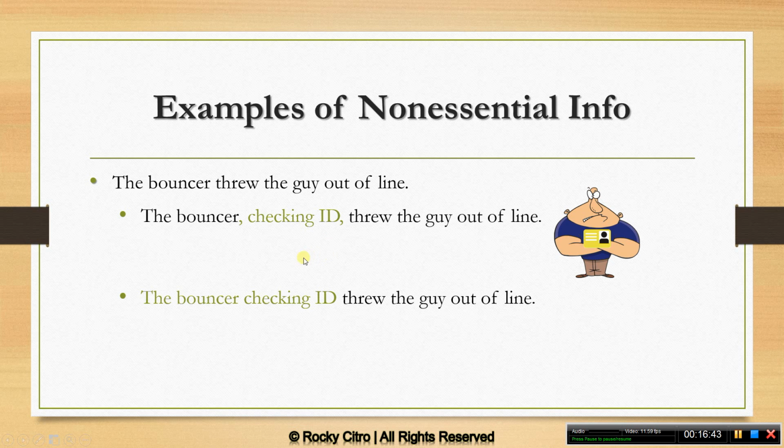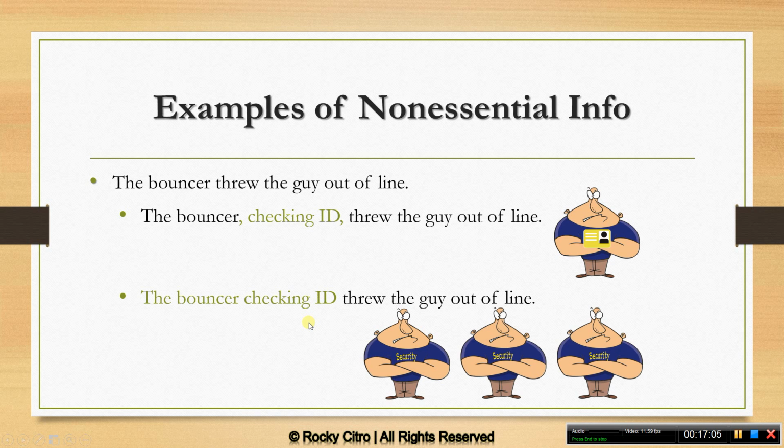Okay, now let's look at the sentence without commas. This actually changes the meaning. By taking out the commas, we're telling our reader the opposite of what we told them before, which is that now this phrase, checking ID, is essential to understanding the meaning. The bouncer checking ID threw the guy out of line. Well, this could come up, for example, if you had more than one bouncer, and we don't know which bouncer threw the guy out of line.